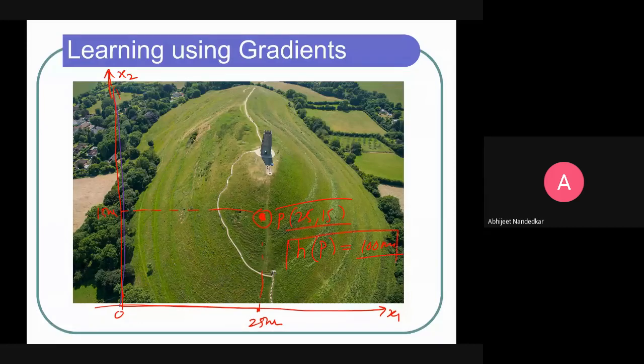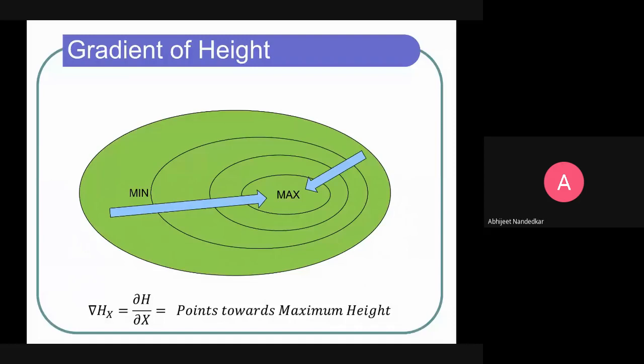Like this, if I choose any point, say this is P2, then it will have its own height from the ground level. So if we collect the equi-height points of the mountain, then this is the ground level and this is the peak, max.